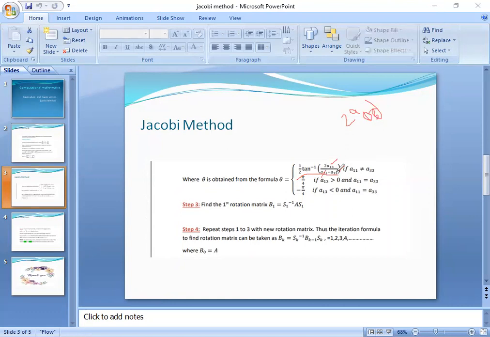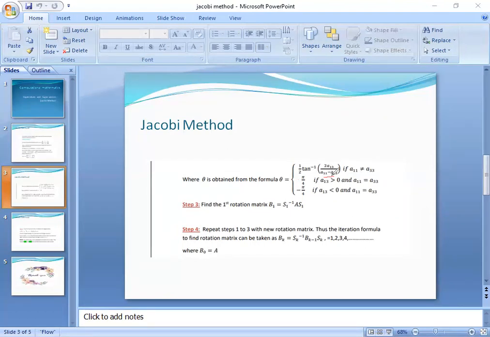This holds if A11 is not equal to A33. If A11 equals A33, then we will get half tan inverse of 2A13 by 0.